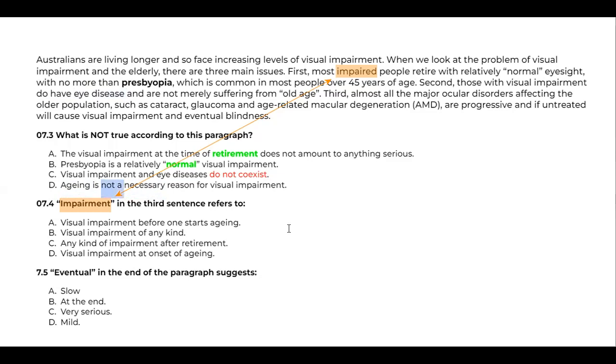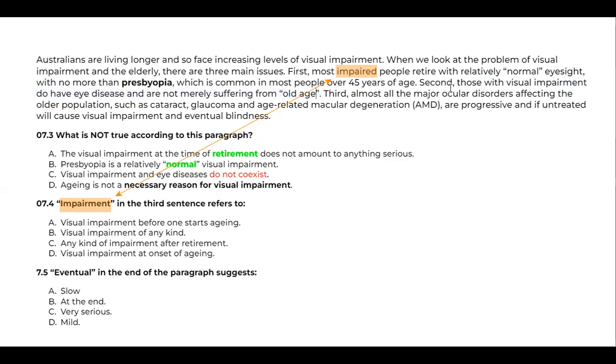Aging is not a necessary reason for visual impairment. Can somebody tell me, where did you find that one? Is it mentioned somewhere in the paragraph? Yeah, it's here. Second. It is mentioned. Those with visual impairment do have eye disease and are not merely suffering from old age.